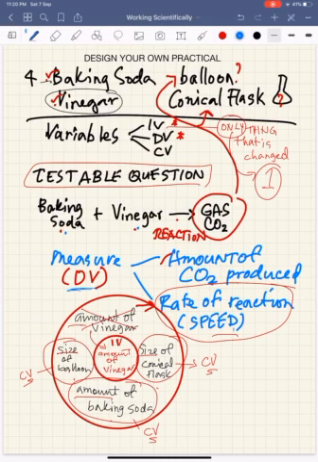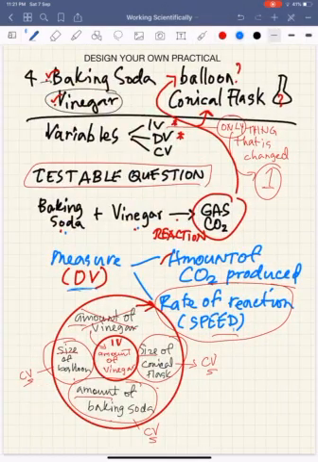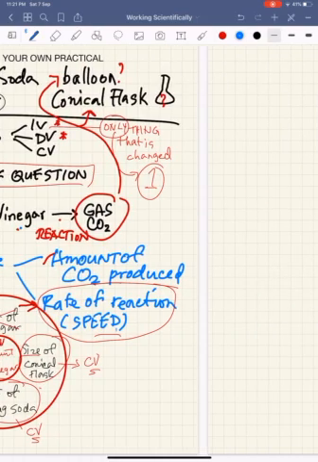So how will I write the testable question? Let's see. Can I add another page here? Here we have everything. And remember, we are writing a testable question.